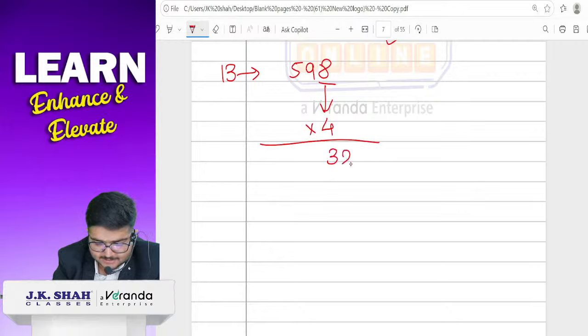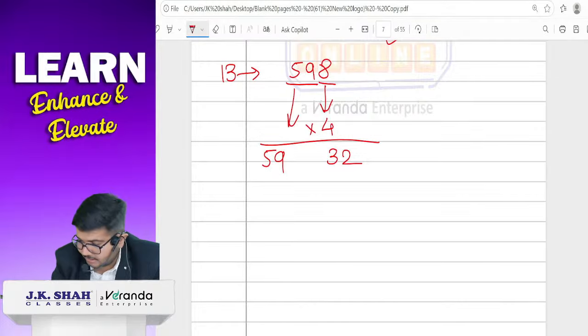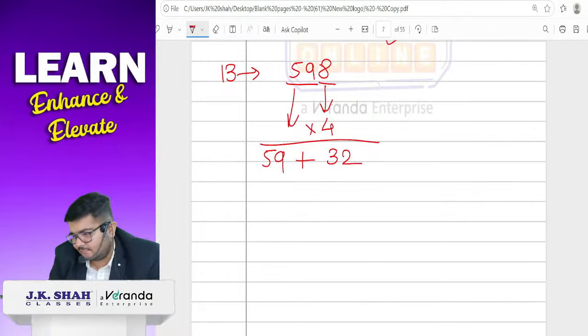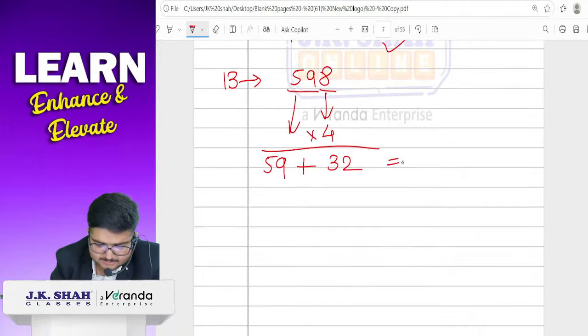The answer is 32. Now take the remaining digits and bring them down. Now the twist is you have to add this. These things you have to remember. I know it is confusing, but you have to just remember this. You don't just have to remember, you have to practice, then you will automatically remember that. So 59 plus 32 is 91.